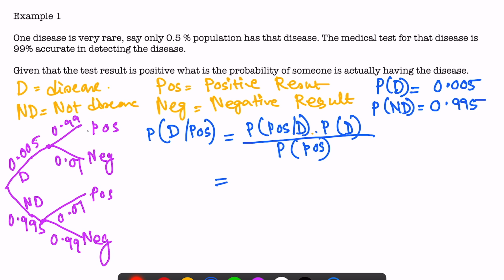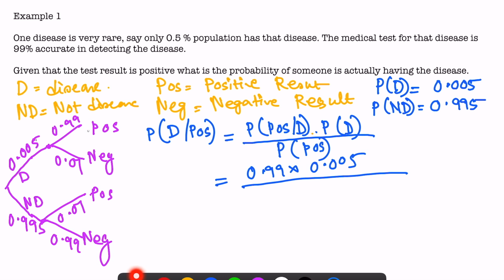So probability of positive given disease is basically talking about this path. Someone is having the disease and what's the probability of positive. So we are talking about this probability, that is 0.99 multiplied by probability of disease. Probability of disease is 0.005 divided by probability of positive, but we don't know yet the probability of positive.